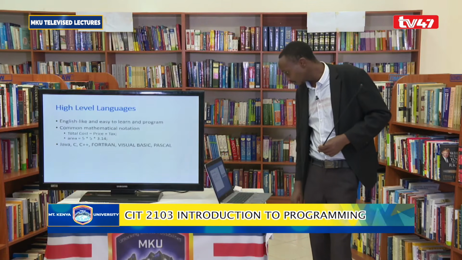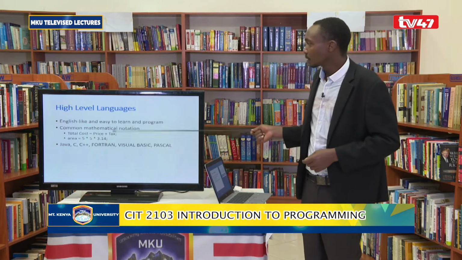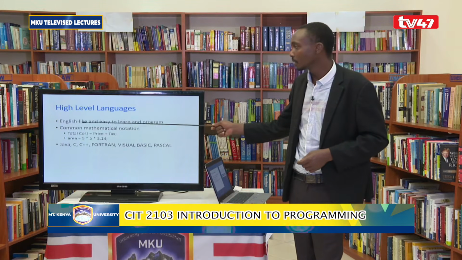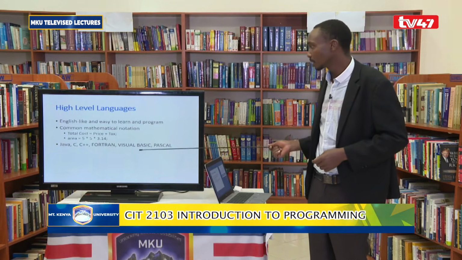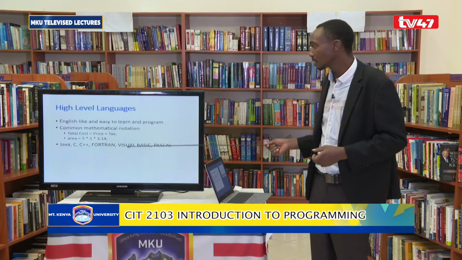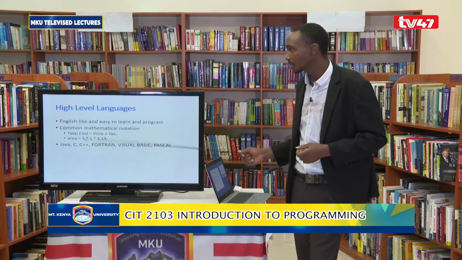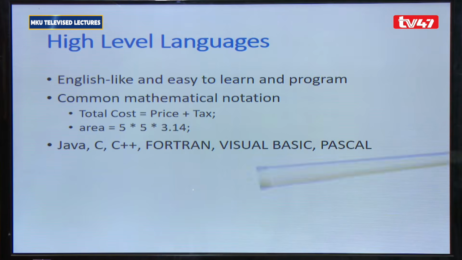So we also have high-level language. This is where most of the programming occurs, because it is much easier even compared to assembly language, simply because most of the instructions are written using English-like statements or English-related words, e.g. if, begin, else, while, for, and so on.